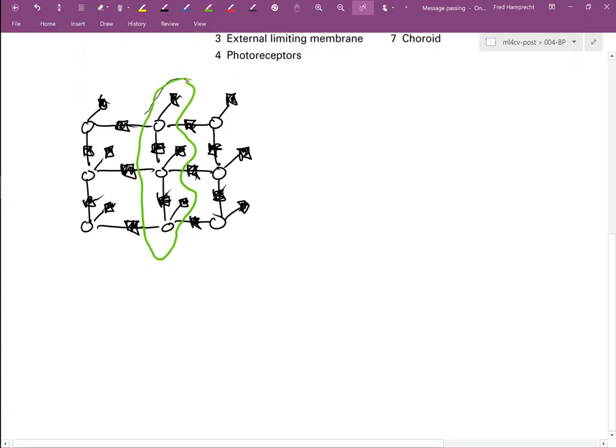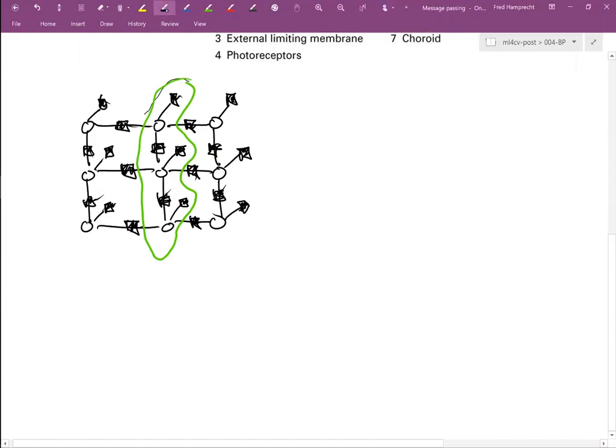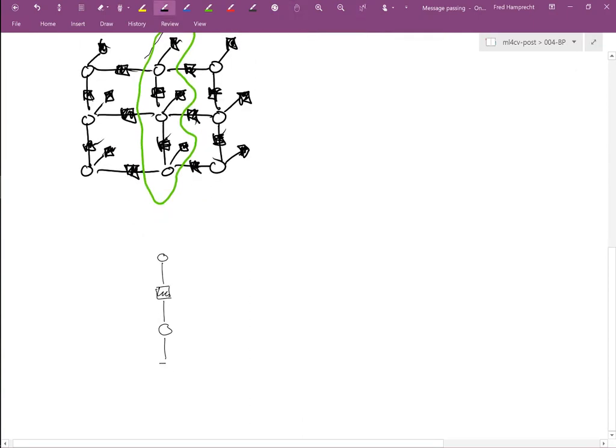So I'm going to draw this out just to be extra clear. I've shown 3 random variables.